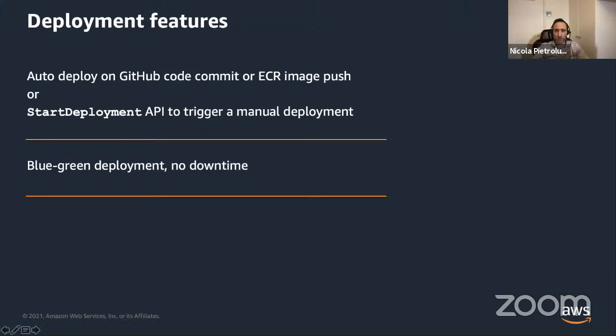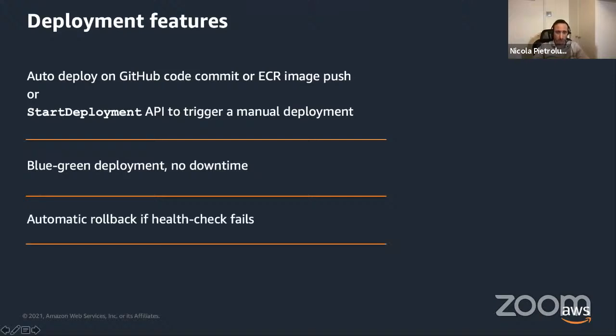As for how the deployment works, App Runner is using a blue-green strategy, so there is no downtime between deployments. Also, when App Runner pulls the code, builds and then spins up the service, it runs a health check against the service. So in case of a failure, it automatically rolls back what it has done.